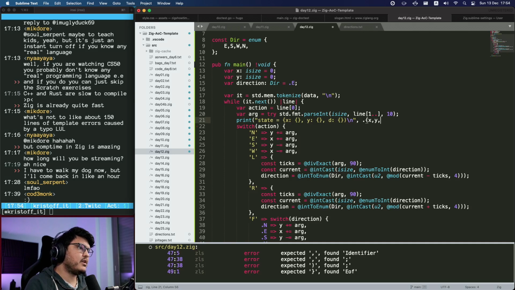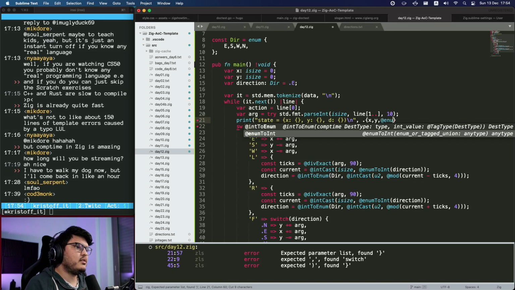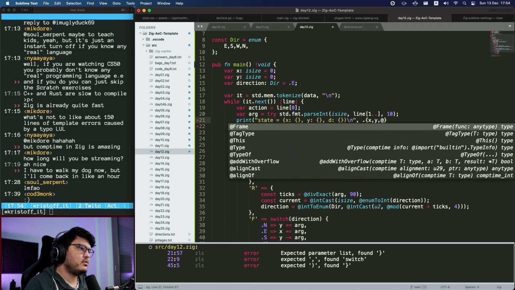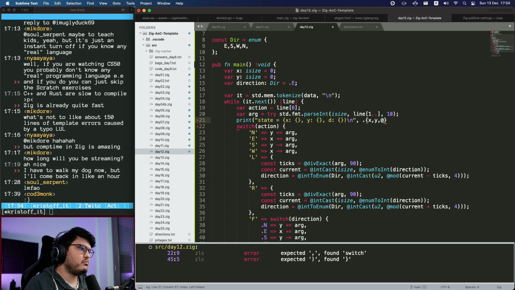X, Y, direction. And I think here we want enum to int into enum. Maybe we don't want anything. Is this going to print the enum nicely? Let's hope so.